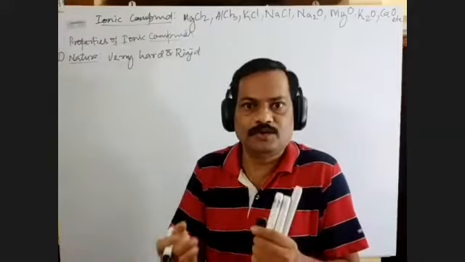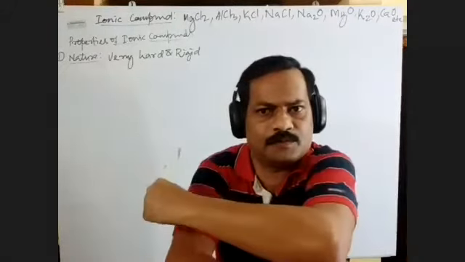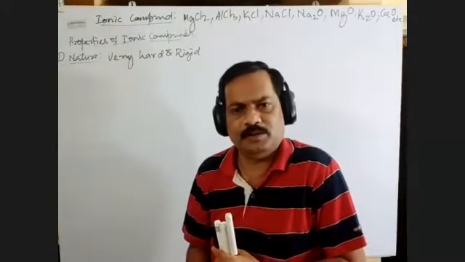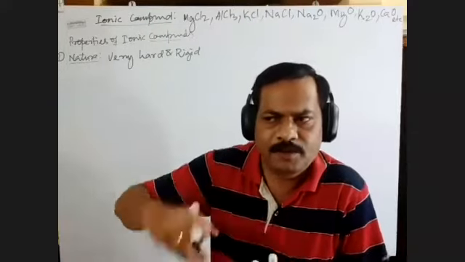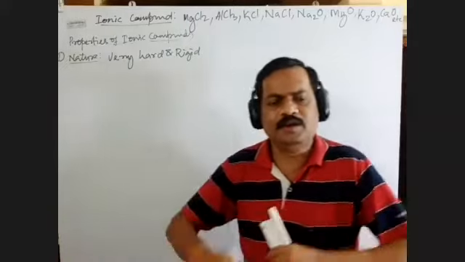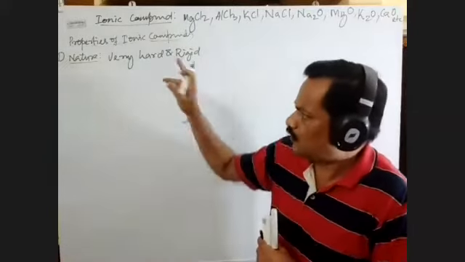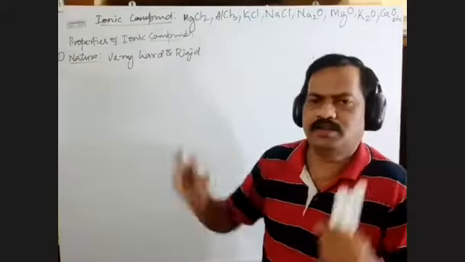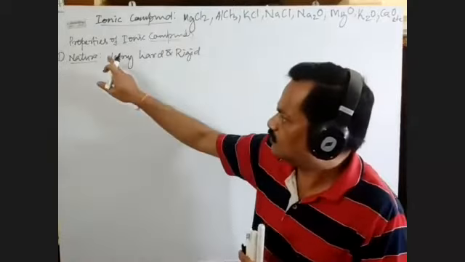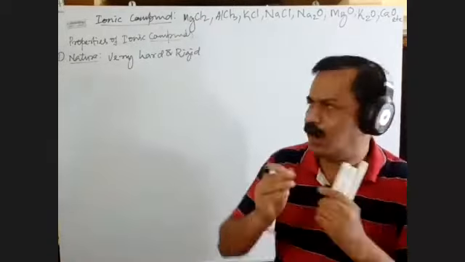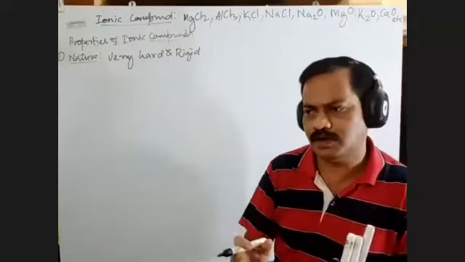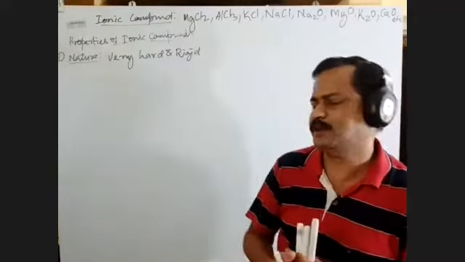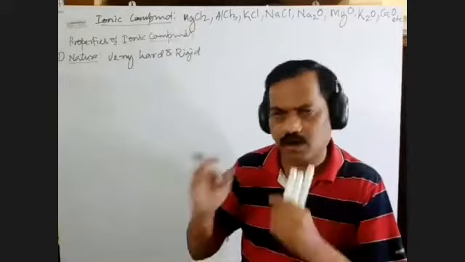Like when you hold your friend very tightly, if a third friend comes, he cannot break your bond. That's why it is very strong. So generally, ionic compounds are very hard and rigid in nature. So this is the nature.